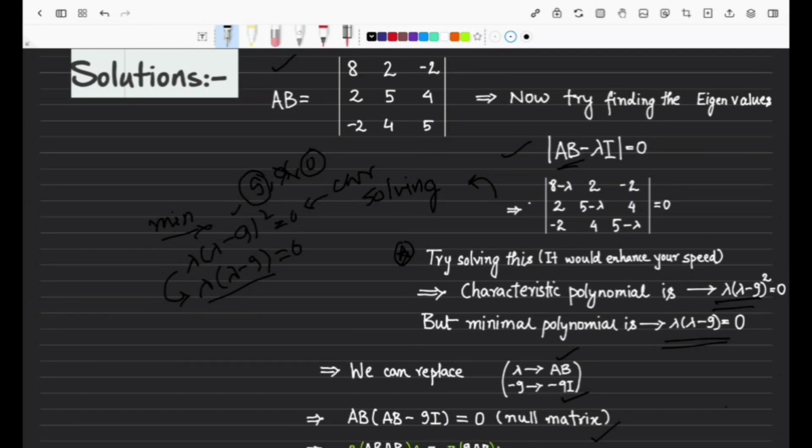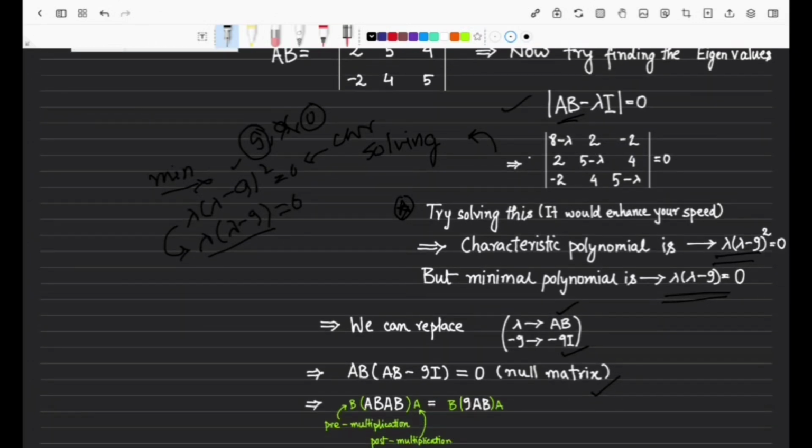These are the replacements that you need to remember. That is, lambda changes to the matrix, the constant term changes to the constant multiplied by I, that is the identity matrix, and the 0 changes to the null matrix, or O. So this is just the value putting, right?